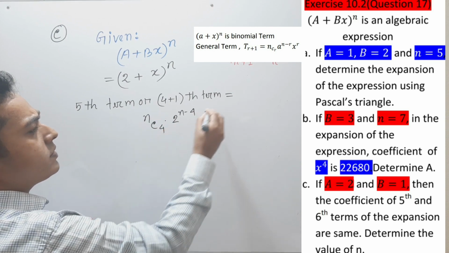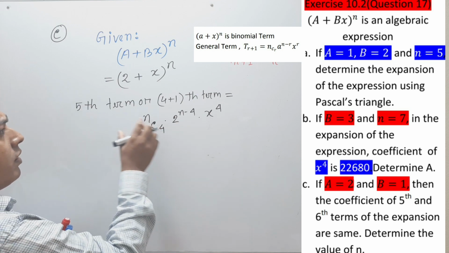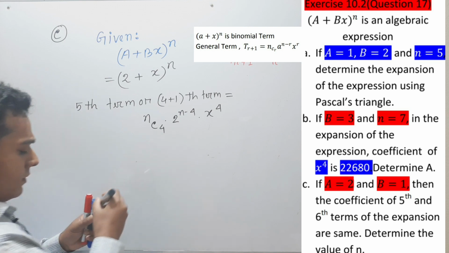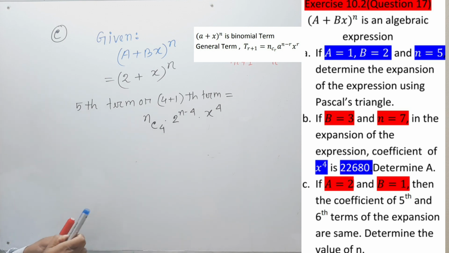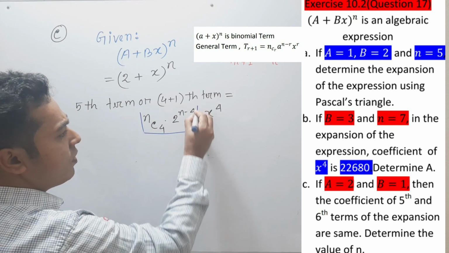So this is our fifth term, and the coefficient of the fifth term is this one.